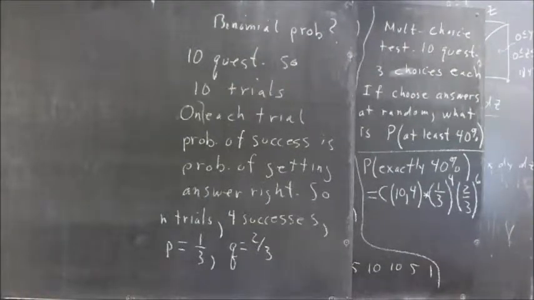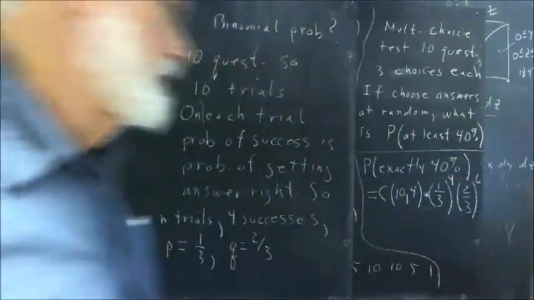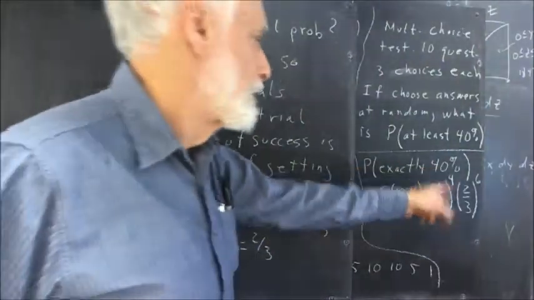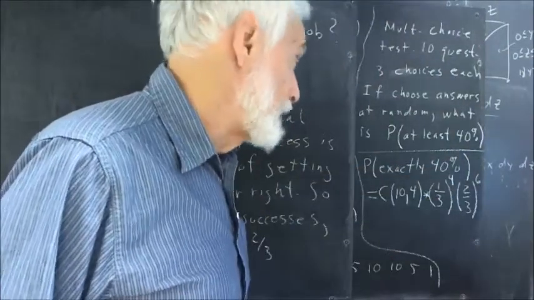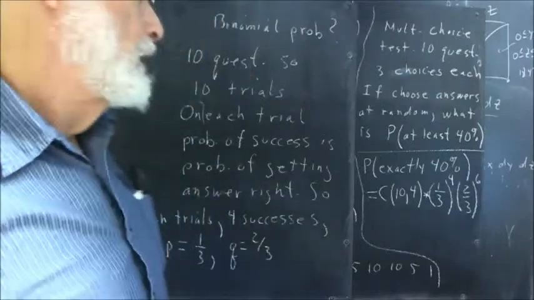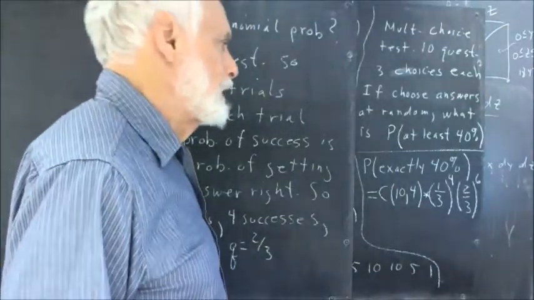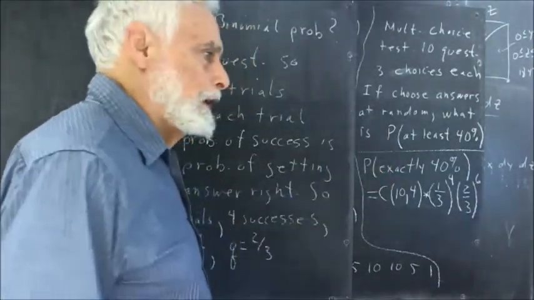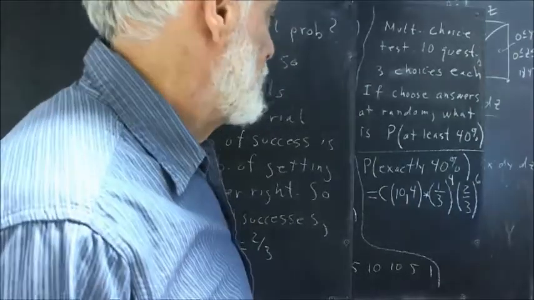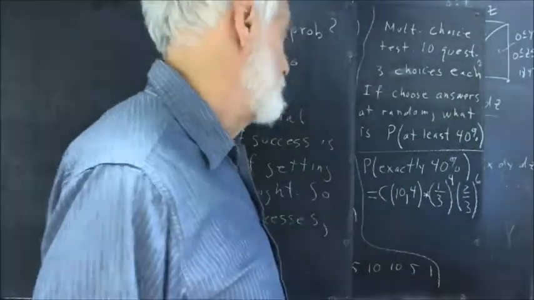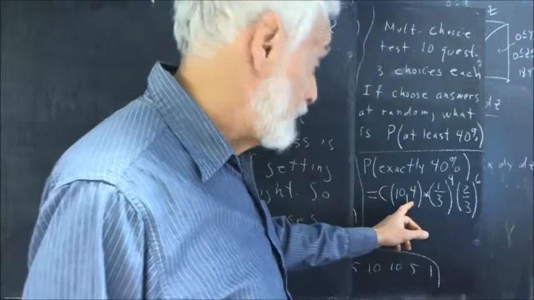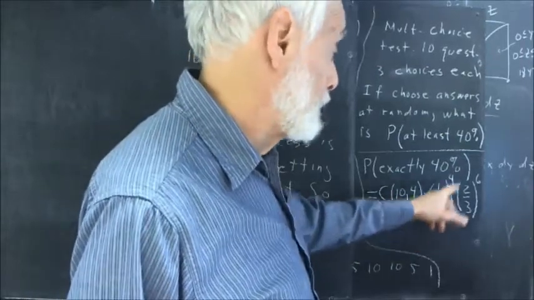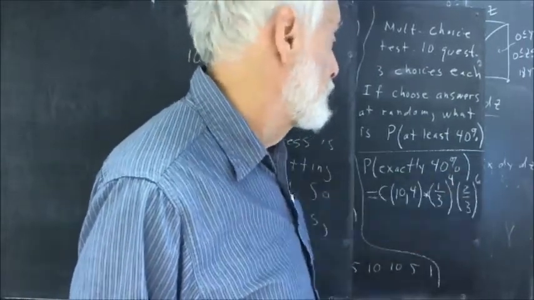Now, we asked the probability of getting at least 40%. And here we've just calculated the probability of getting exactly 40%. In order to calculate the probability of getting at least 40%, well, we could figure the probability of getting 50%. That would be C of 10, 5, because we'd have 5 successes, times 1/3 to the 5th and 2/3 to the 5th.